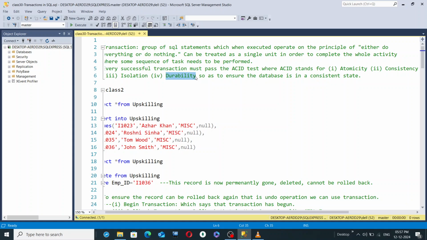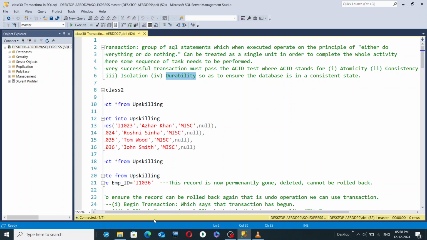Suppose any crash happens, or anything bad happens with the database, then in that scenario the data should be saved. It should not get corrupted, it should not get lost. That's what the durability step ensures.